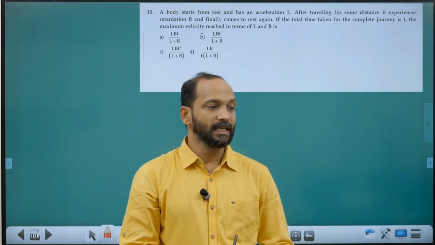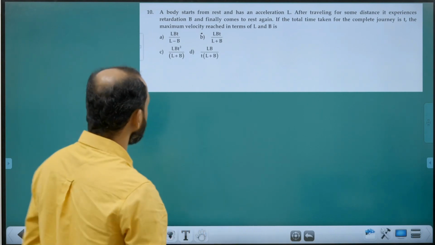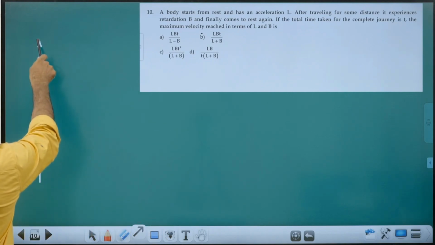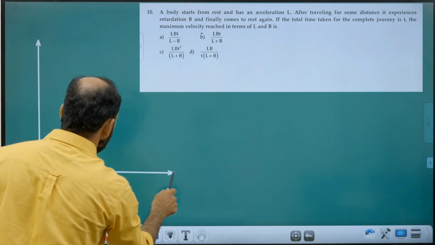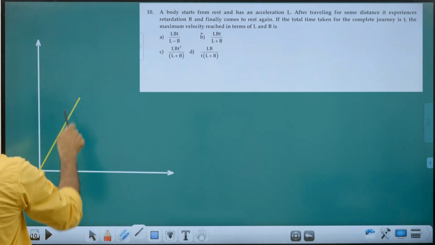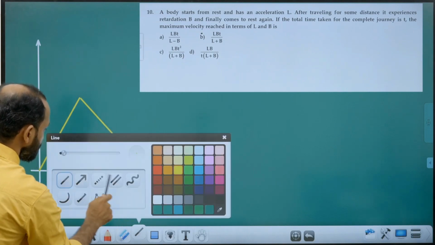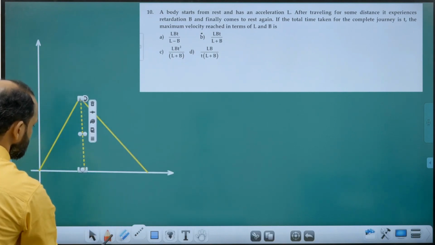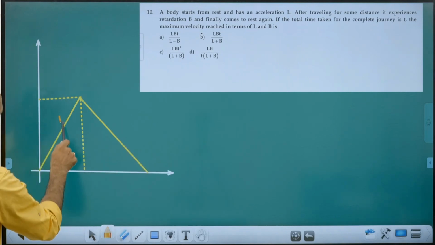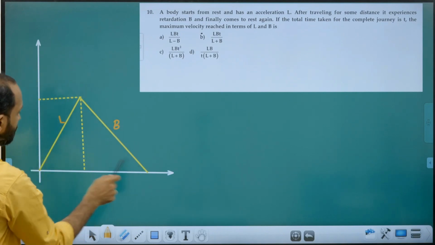The total time taken for the complete journey is T. Find the maximum velocity attained by the body in terms of L and B. Let me draw the relevant graph, the velocity-time graph. It accelerates, gains velocity, and reaches the maximum velocity, Vmax, with acceleration L, and with retardation B it retards and finally becomes 0.